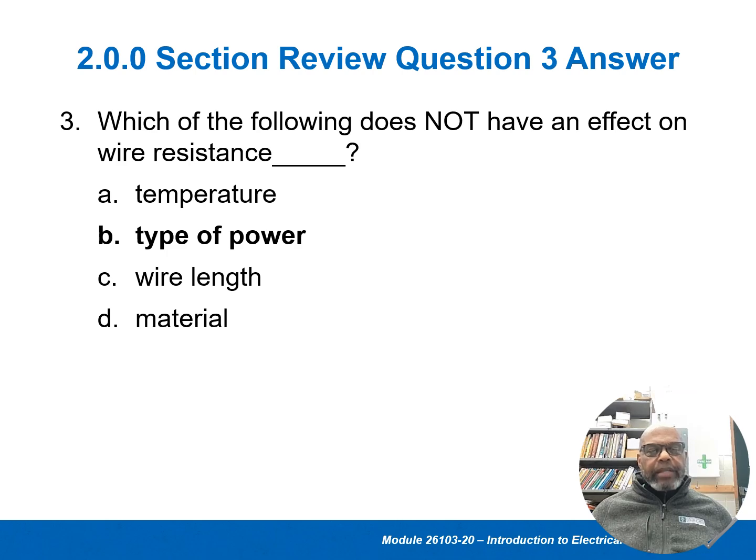Temperature can affect the amount of current in a wire, in other words, it can affect the resistance. If you heat something up or cool something down, it may slow or increase current flow. So it doesn't matter if it's DC or AC power, but it depends on the temperature, the length of the wire, and the material it's made out of.